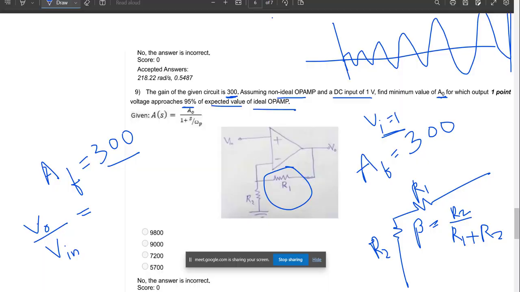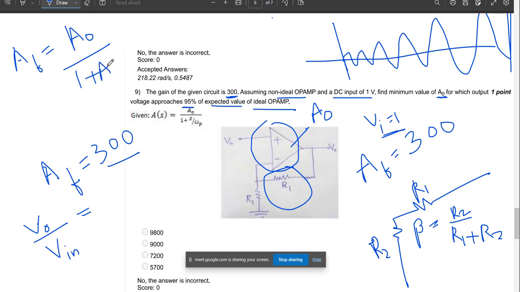Here we are taking this amplifier as non-ideal, and we are taking the gain equal to A0. So AF will become A0 upon 1 plus A0 beta. Any doubt here?